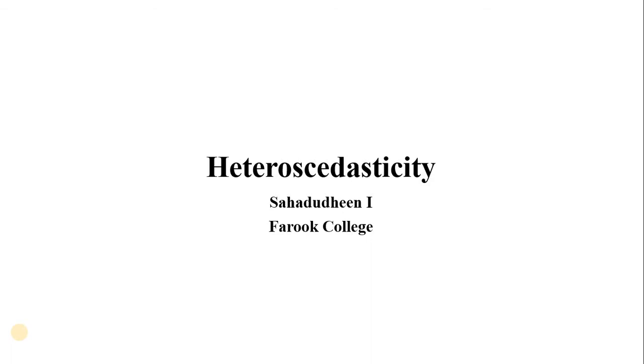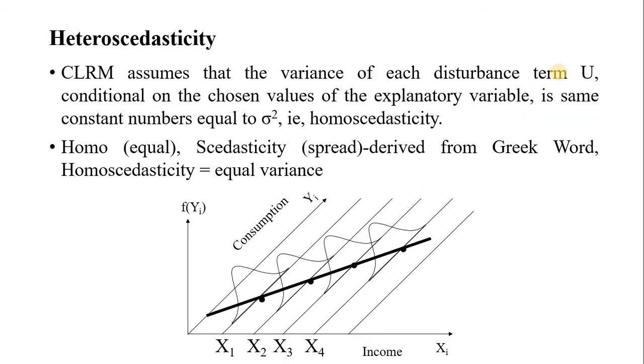When we discuss the assumptions of the classical linear regression model, we assume that the disturbance term, or the error term, is homoscedastic, or the variance of the error terms conditional upon the explanatory variable is the same for all observations.